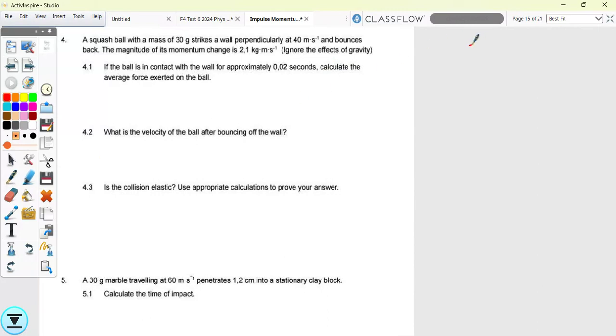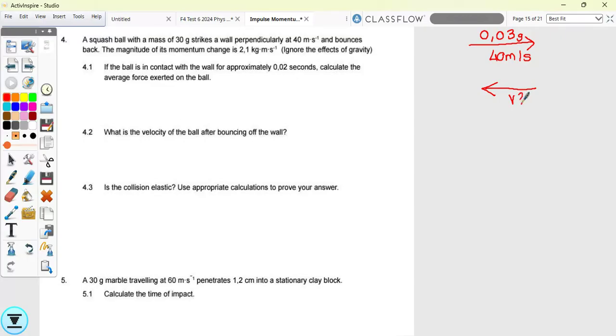But let's say the squash ball is coming this way, 30 grams. So immediately we're going to say it's 0.03 kilograms. And it's striking the wall at 40 meters per second. And then it bounces back. And they don't tell us what the velocity is.